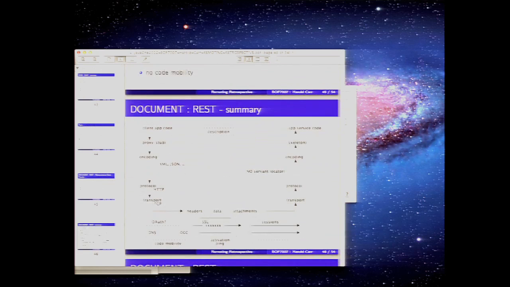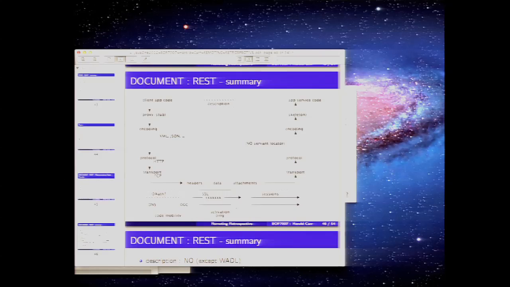So here's the REST picture. For security, all you get with SOAP is SSL. The big use case for SOAP is end-to-end security. If you wanted to do end-to-end security with REST, you would have to do it at the application level.